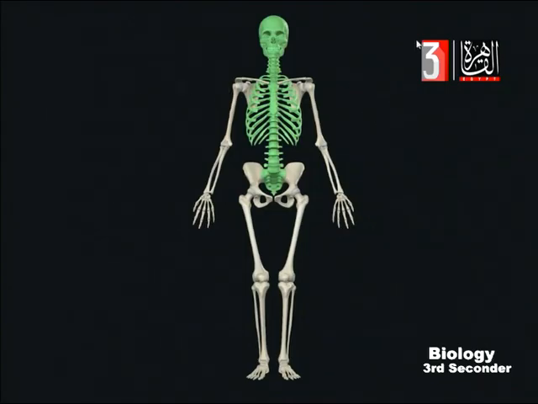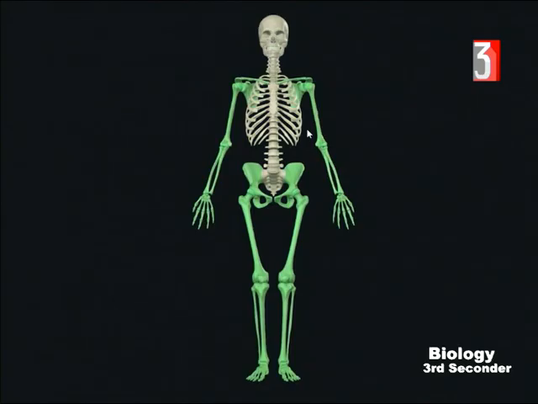Again, the skeleton consists of two types: axial skeleton, which includes the skull, thoracic cage, and vertebral column. Another type is the appendicular skeleton. The appendicular skeleton consists of the shoulder or pectoral girdle, which connects the upper limb and the axial skeleton, and also the pelvic girdle, which connects the lower limbs and the axial skeleton.